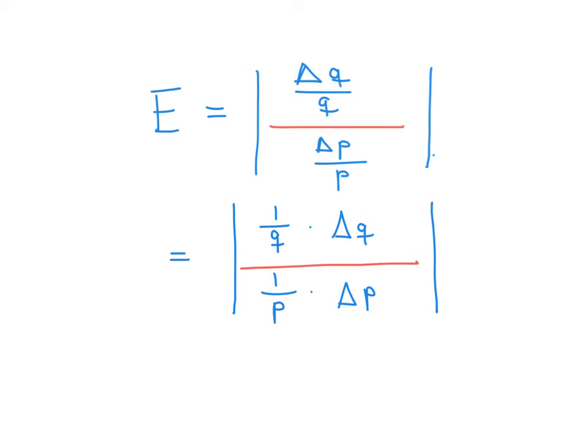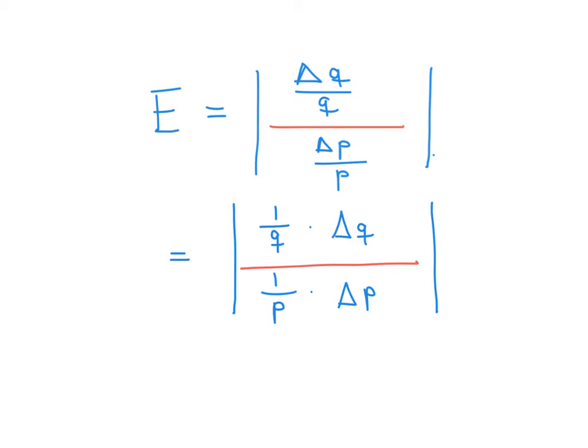Now to derive from this kind of rather monstrous formula, the actual formula for elasticity, we do just a little bit of an algebraic transformation. So let's first write it the following way, right? So we pull out 1 over Q here and 1 over P from here, right? And have delta Q over delta P, right?